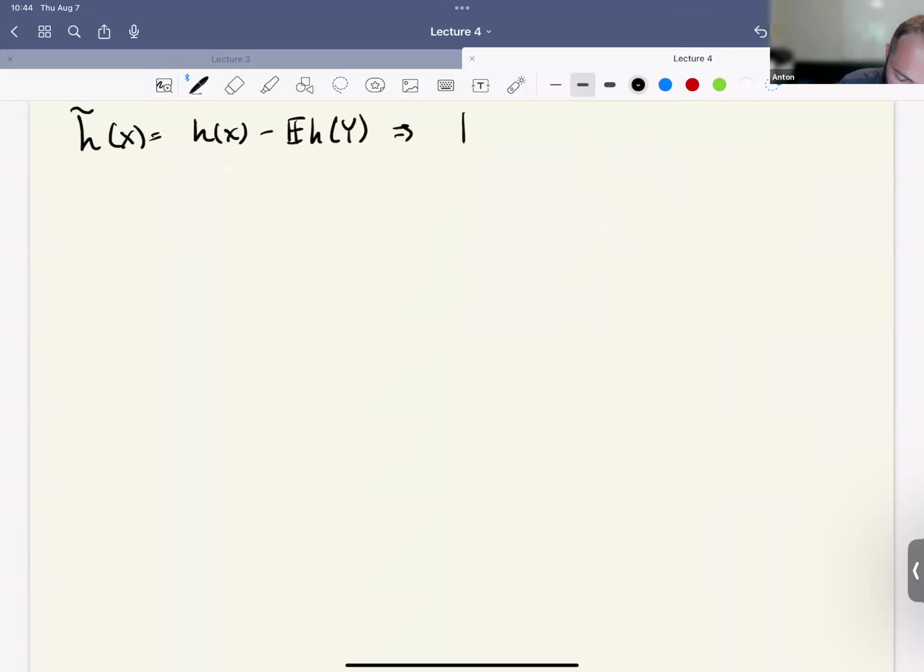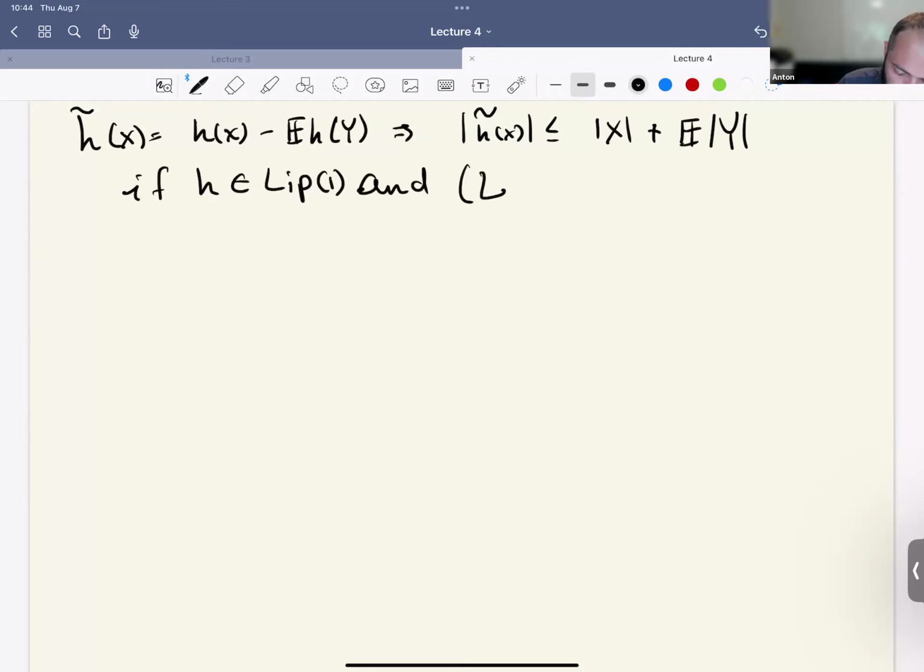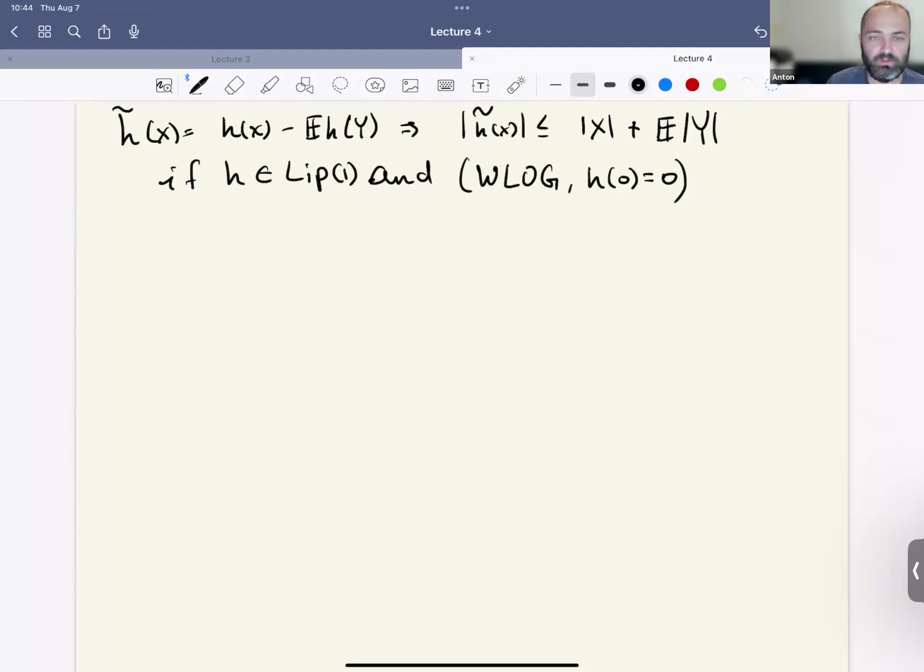And let me, right away, h tilde is less than or equal to absolute x plus expected value of y if h is in Lipschitz 1, and without loss of generality, h of 0 equals 0. Okay, so h is Lipschitz 1, we believe.